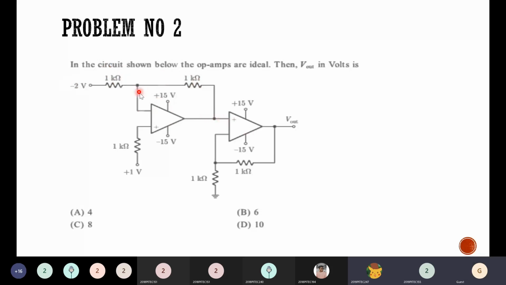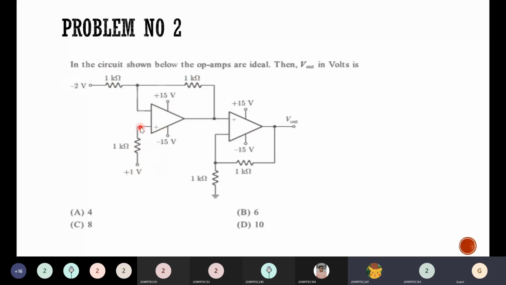So for that, the first step is to know the voltage at this point. For that, you need to apply the golden rule of op-amp. Whatever is the voltage at one terminal, the same voltage will exist at the other terminal also. So if you see the non-inverting terminal, here 1 volt is given, a 1 kilo ohm resistor is here and it's directly connected to the non-inverting terminal. So what will be the potential at this point?